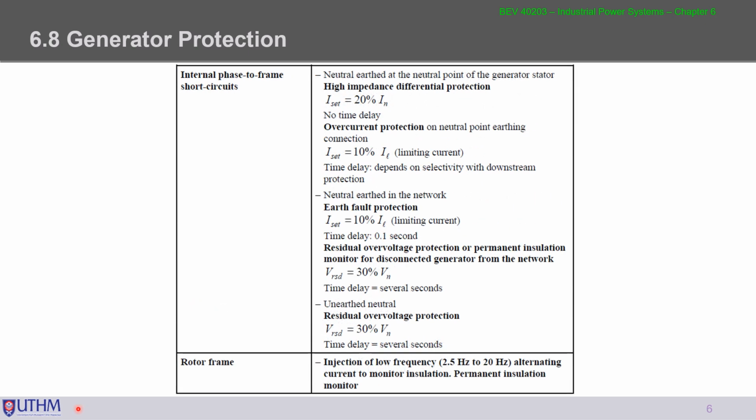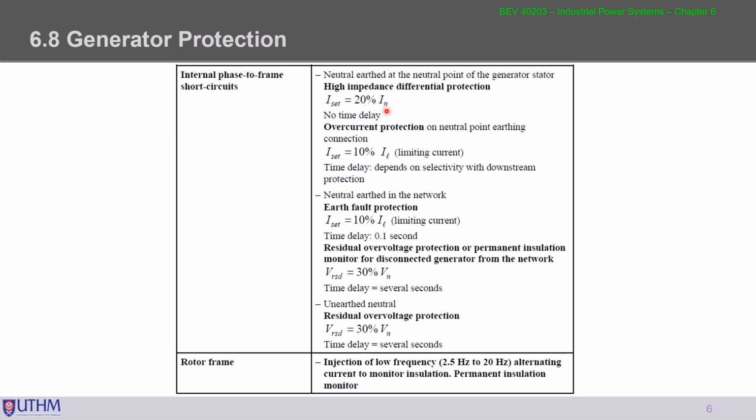Next is the internal phase-to-frame short circuits. Frame means from the internal phase to the body of the generator. For neutral earth at the neutral point of the generator stator, we have to use high impedance differential protection.